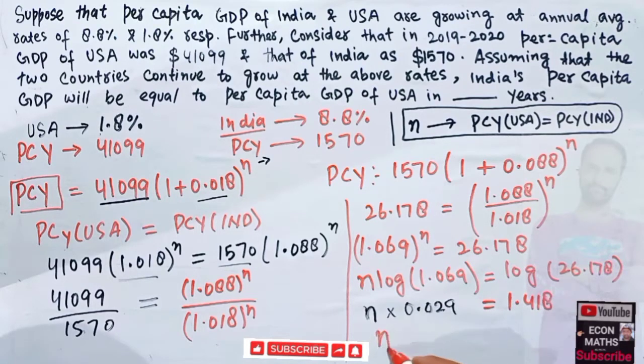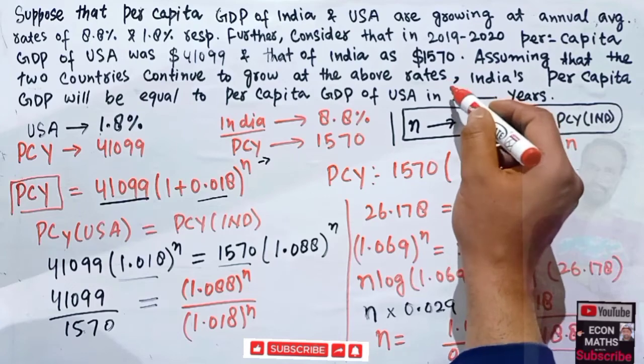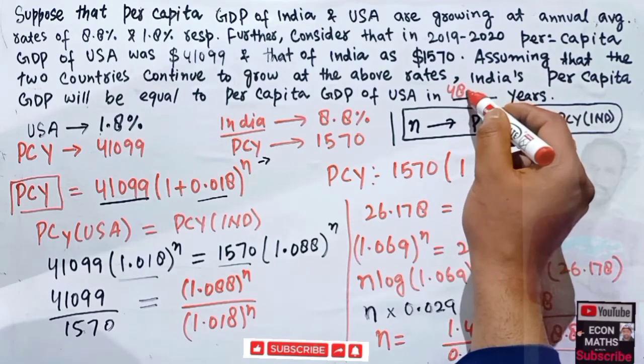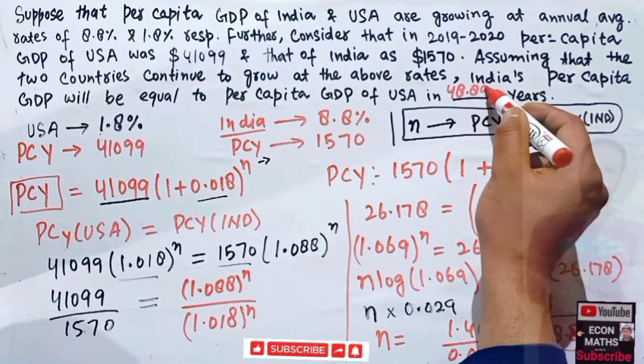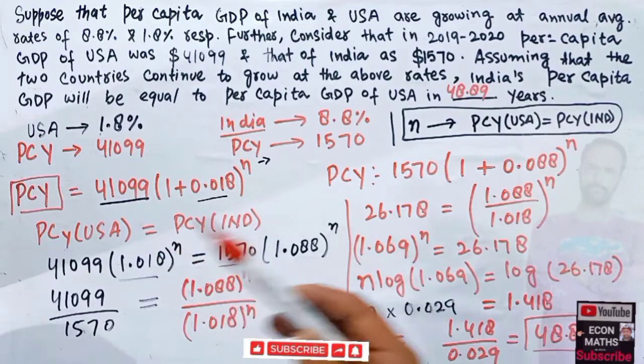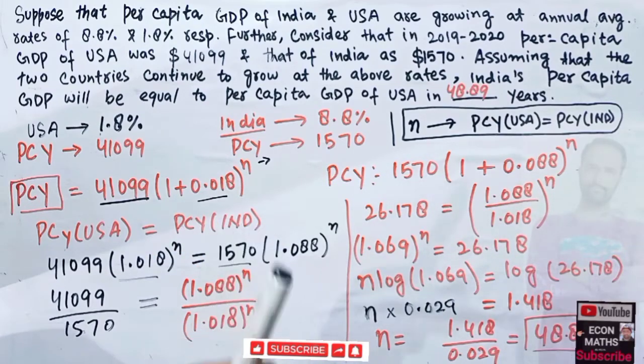That means our n will be equal to 1.418 upon 0.029, which comes out to be 48.89. That means after 48.89 years, the per capita GDP of India will be equal to the per capita GDP of USA.